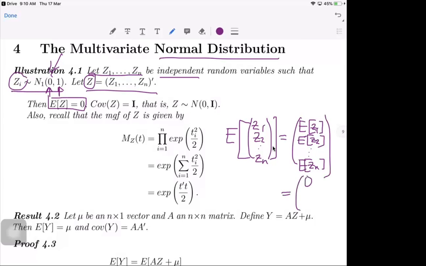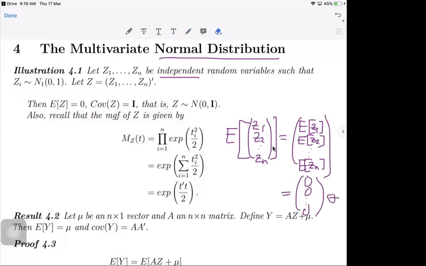So the mean vector will be equal to the 0 vector. It's not just a single 0, but a vector of 0. So this notation here is actually a vector of 0.